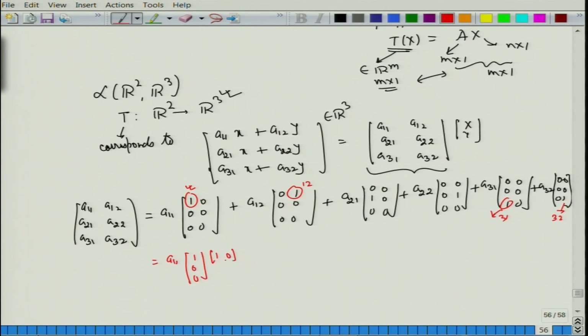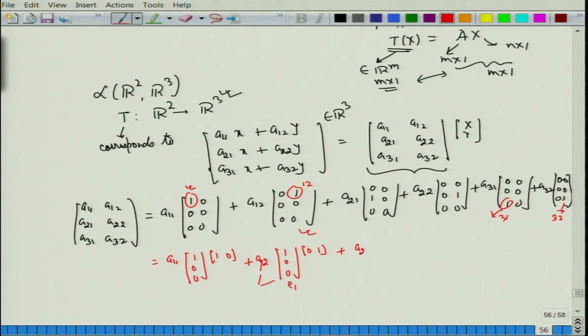Is that okay? So, I get here this part. Here it is plus A12 times 0, this is still the same thing 1 0 0, but now I am multiplying it by 0 1 here, fine. So, this one corresponds to this one, that is, this is E1 for you.